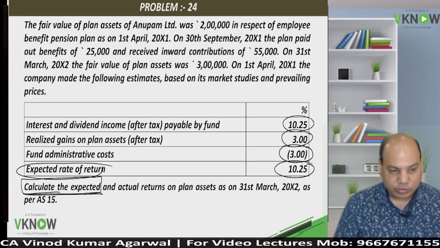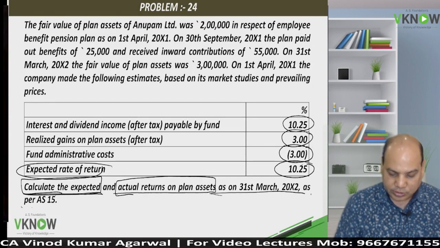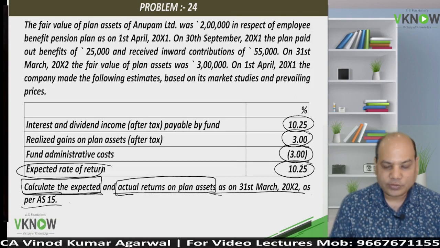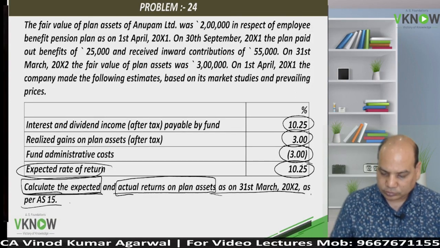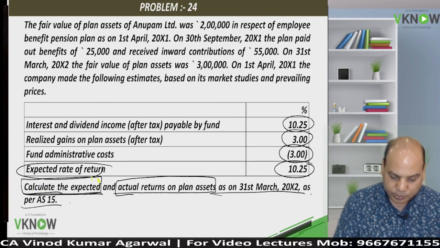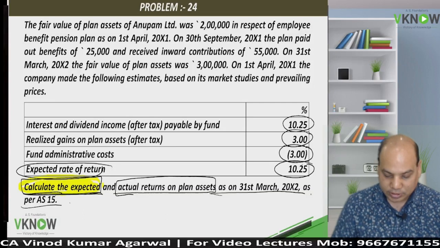This time one more question. Compute the expected return and actual return on plan asset on 31st March 2002 as per AS 15. Now in this problem, we have to compute one more calculation called expected return.